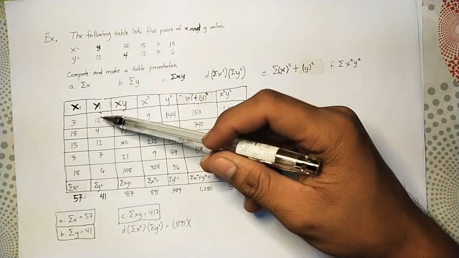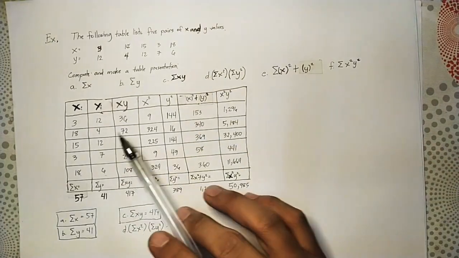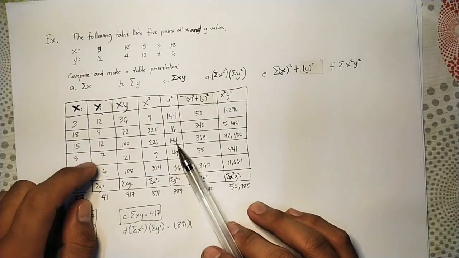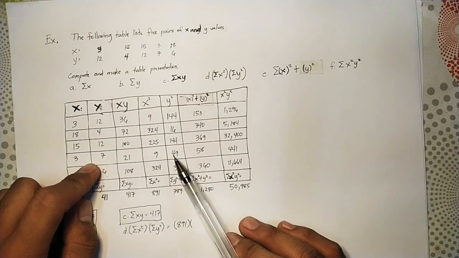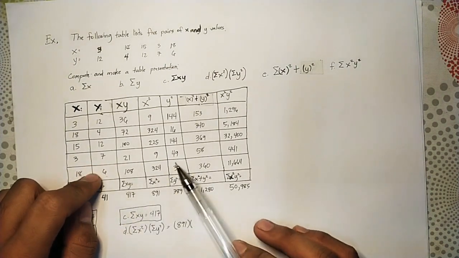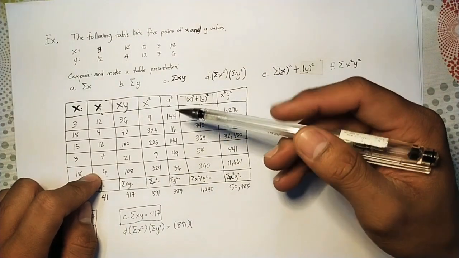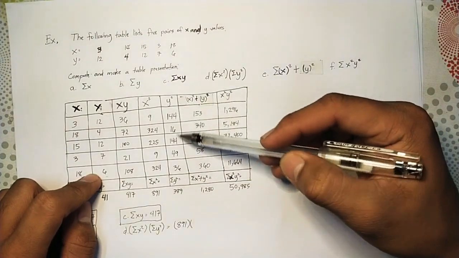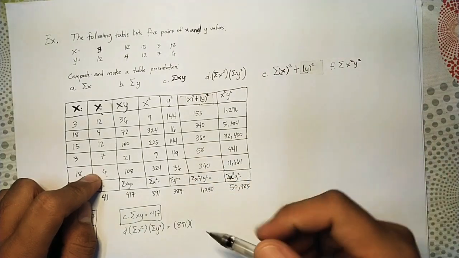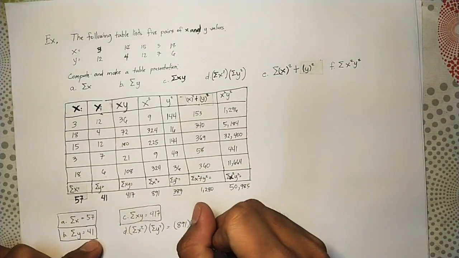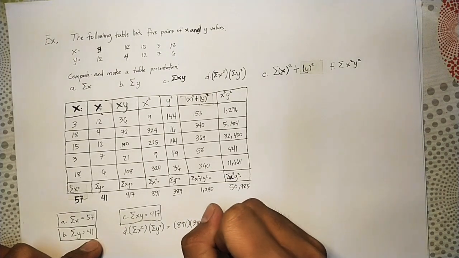So 12 squared, the answer is 144. 4 squared is 16. 12 squared is 144. 7 squared is 49. And 6 squared is 36. Now, since you have the values of y squared, just add it to get the summation, which is 389.